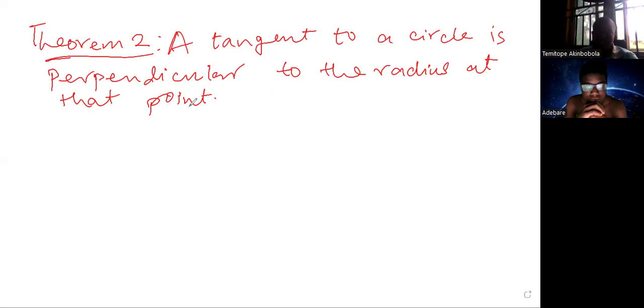It means that, don't forget I told you that a tangent is a line that touches the exterior of a circle.